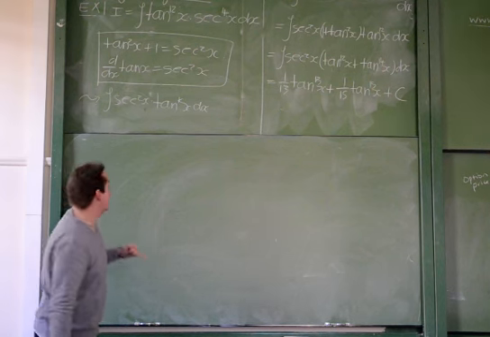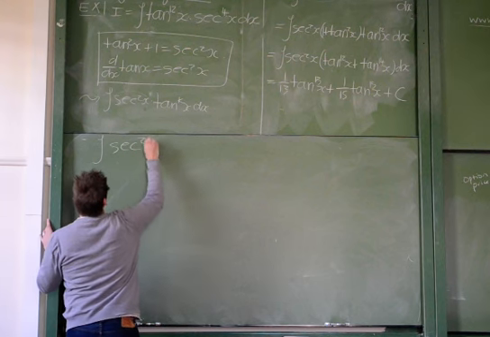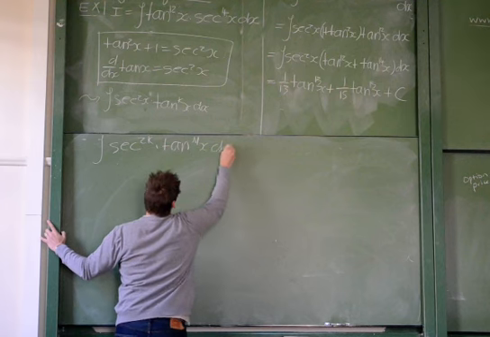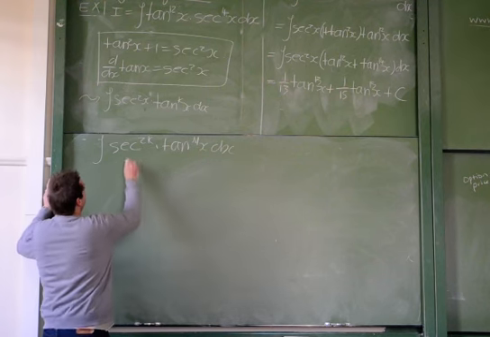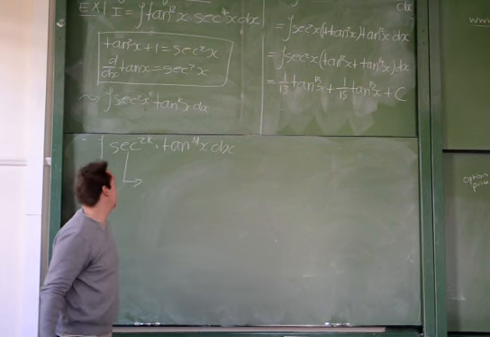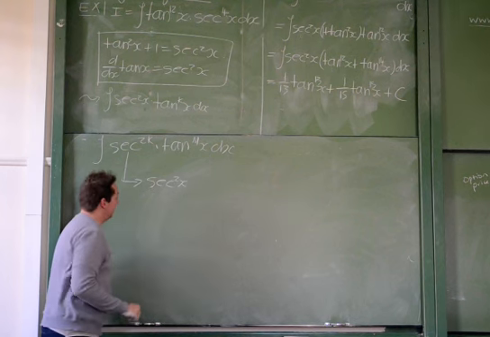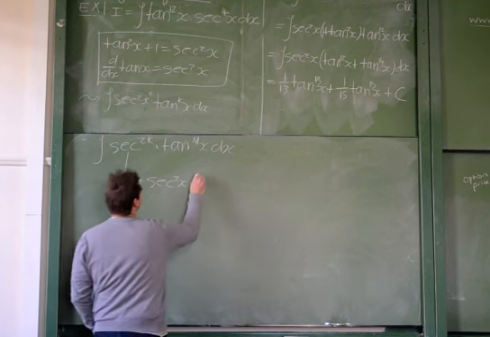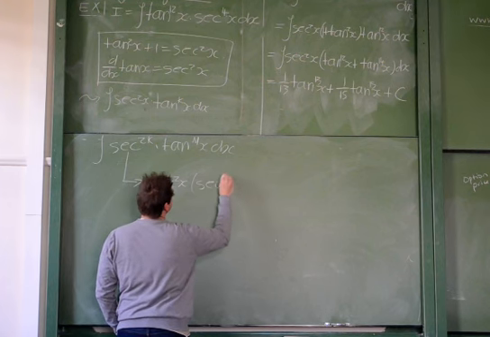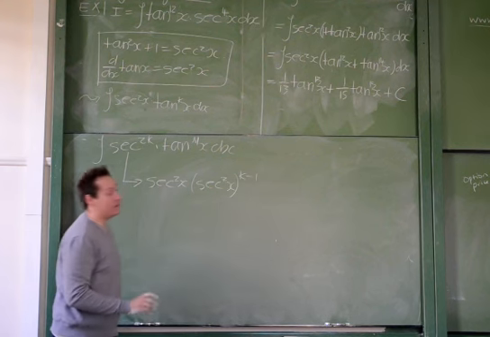So if you have an even power of sec, in other words, you have an integral of sec to the 2k tan to the nx, you save one factor of sec squared x, and what you're left with is sec squared x to the k minus 1.